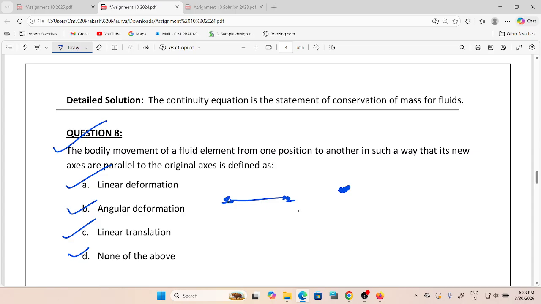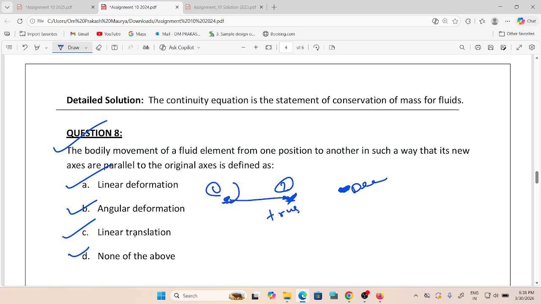But one position to another, this is position one and this is position two. This is known as translation. And if the axis changes, like initially it was this and the axis is now like this, that is angular movement.